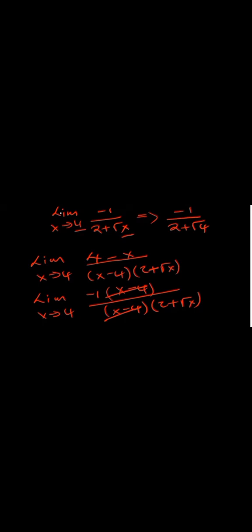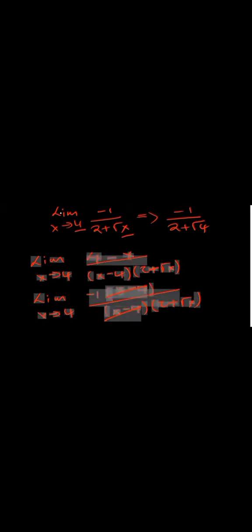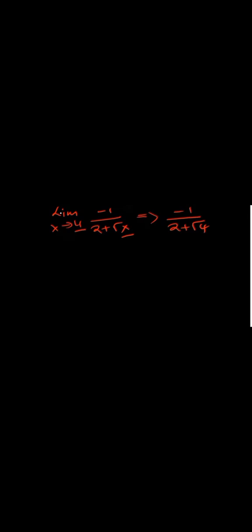So what do we have now? You have negative 1 over, root of 4 is 2, 2 plus 2 is 4. So negative 1 over 4 is your limit as x approaches 4 for the given function. And that's it for this video. Thank you very much for watching.